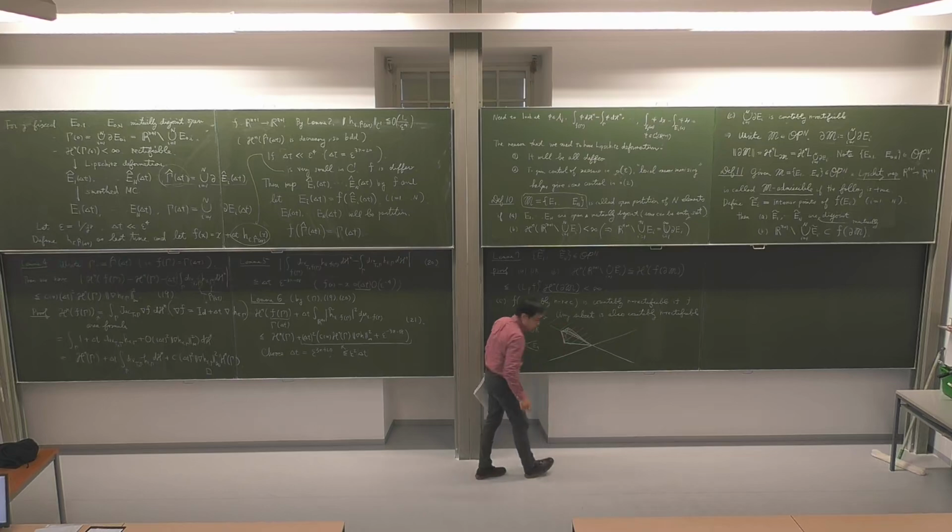Similarly here too, this part gets mapped onto this one, so this part will be the interior of the image of this yellow part. So at the end, this E1 tilde will be this part.